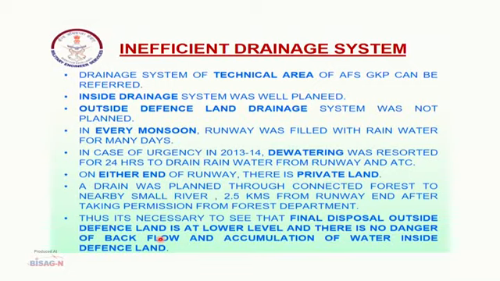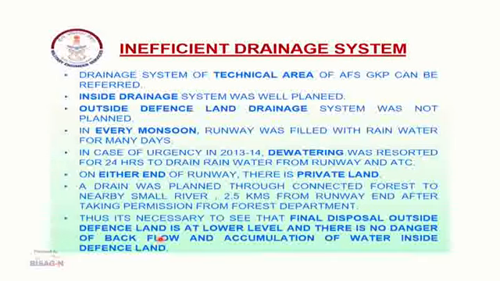Coming to the first thing, that is inefficient drainage system, we have seen that this has created problems in the past. The drainage system of the technical area of Air Force Station Gorakhpur, I am referring to as an example. Generally we do the drainage system inside our area very beautifully, but we forget to plan the drainage system outside defense land.